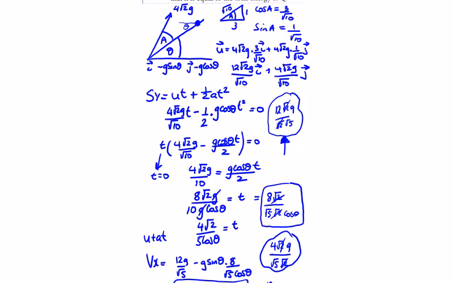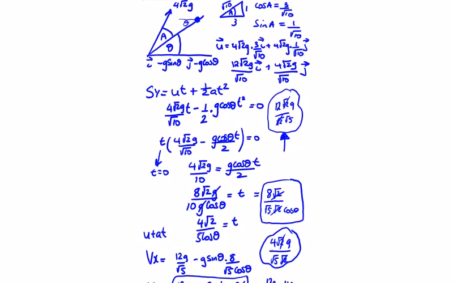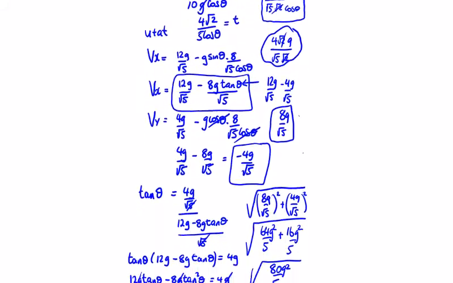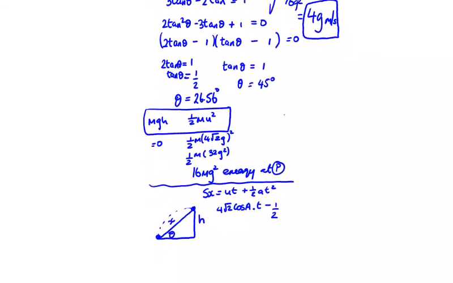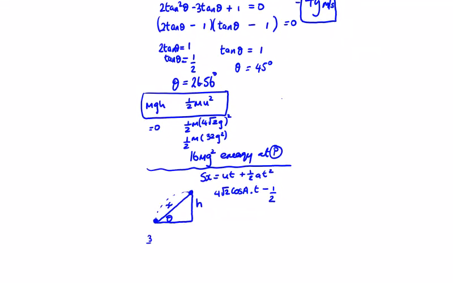The tan of theta now we're saying is 0.5, and we have 3 over root 10 for cos A. And we have the tan of theta is equal to a half, opposite over adjacent, so root 5. So we have minus a half times g sine theta times t squared.